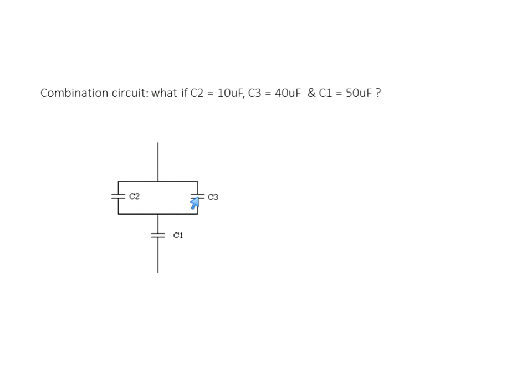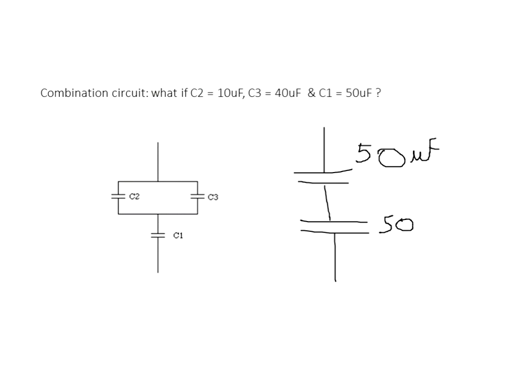So these two together make one capacitor, which is actually 50 microfarads. So here I have 50 microfarads. And here I also have 50 microfarads. And this is when it's not too bad, because we know that 50 microfarad in series with 50 microfarad is actually 25 microfarads.